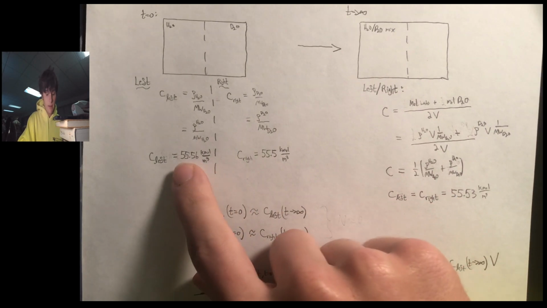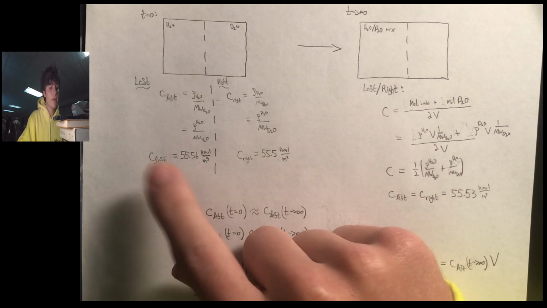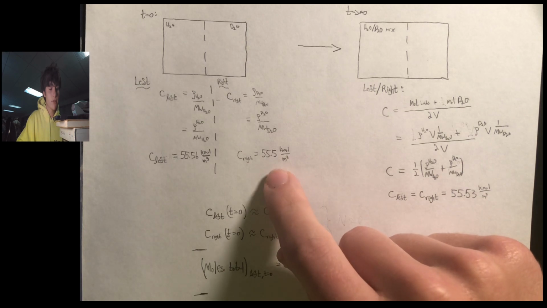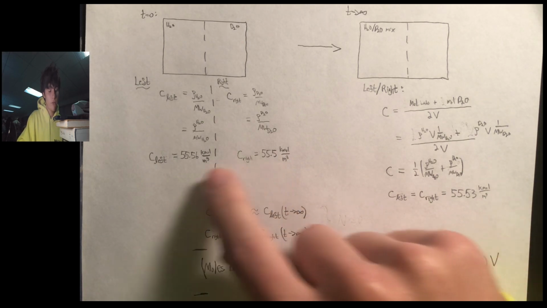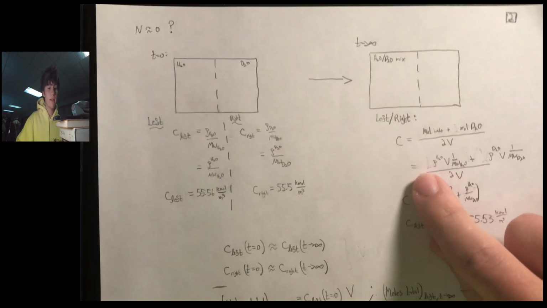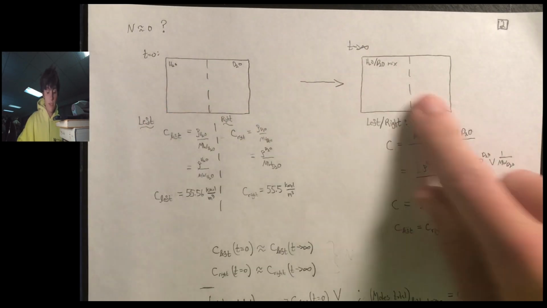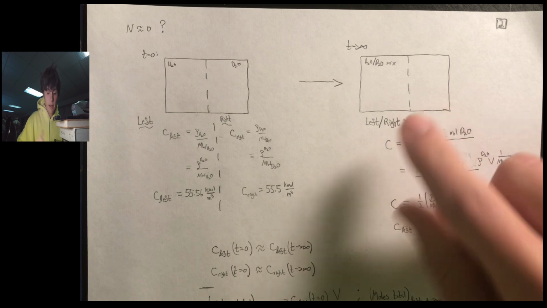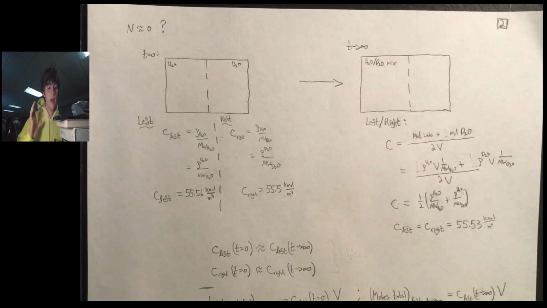And what do we see here? The total molar concentration on the left-hand side and on the right-hand side are really, really similar. So let's turn our attention to what happens at t infinity. We let the whole system go to steady state, equilibrium, where there are no more concentration gradients.